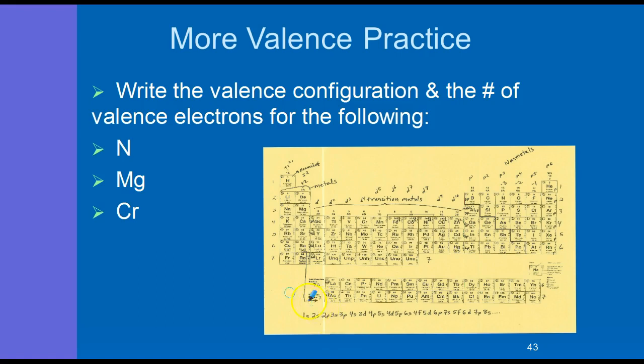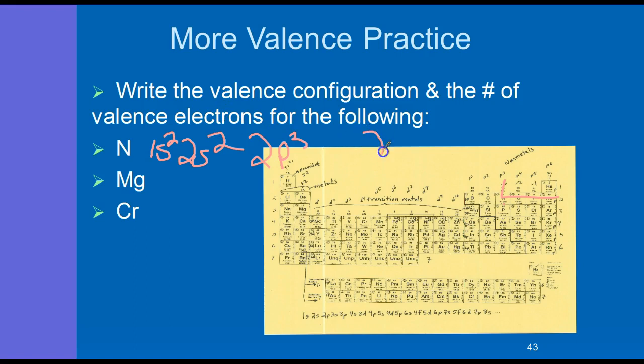So more valence practice. Write the valence configuration and the number of valence electrons for the following. So nitrogen. The full configuration is 1s2, 2s2, 2p3.